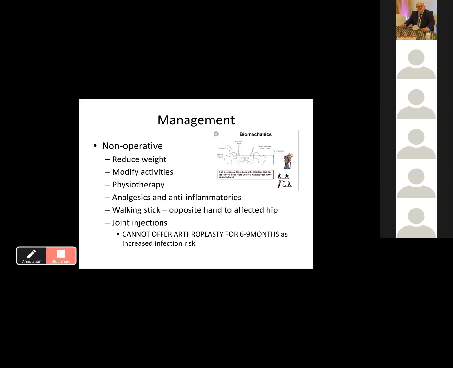So if you've got somebody who is not fit for surgery, then by all means give them a steroid injection, try and get on top of their pain. But in my experience, it only realistically lasts a month at best. Therefore, if you give them an injection with local and steroid, they're likely to have 7 to 8 months of pain before you can safely give them a primary joint replacement.